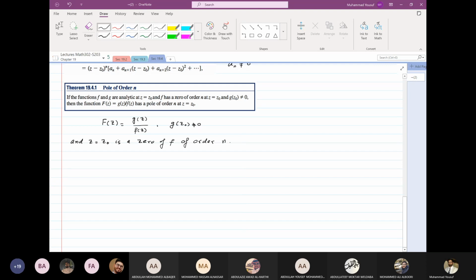That is, z equal to z naught does not make g equal to 0, but it makes f equal to 0, and f has a zero of order n.